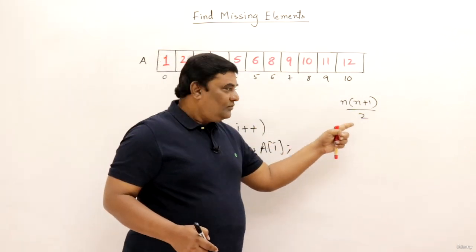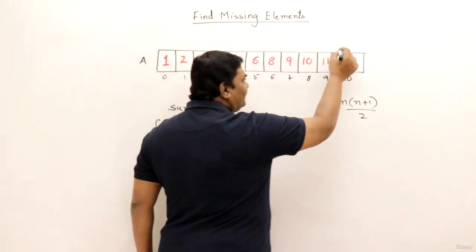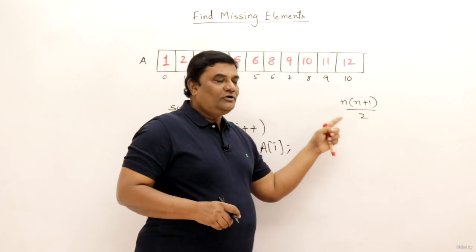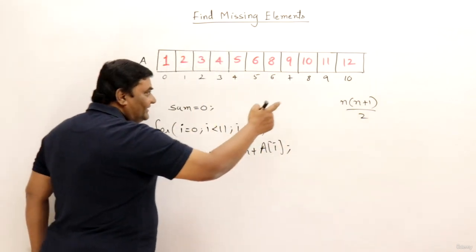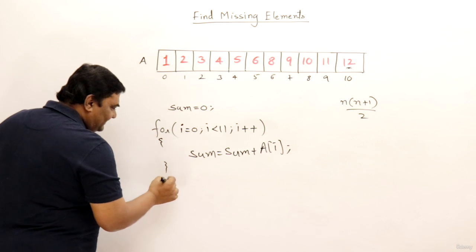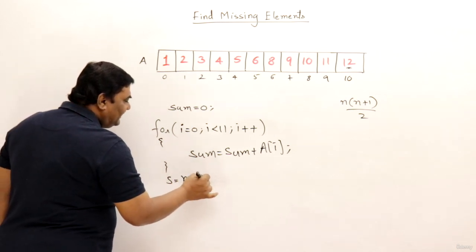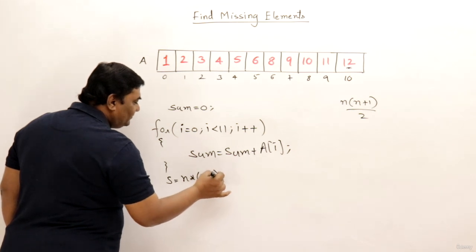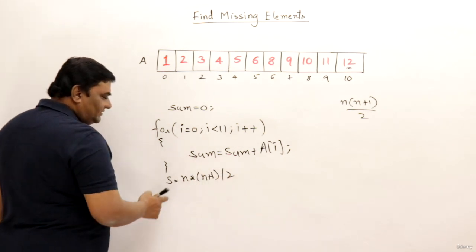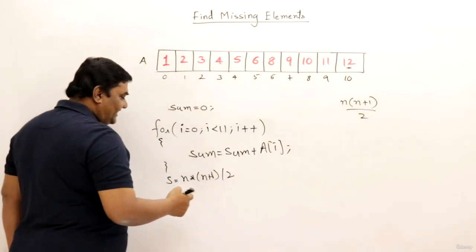Then I know the formula. Using the formula, if I know the last number, that is 12, I can calculate that. So let us say this is n. I can find s as n into n plus 1 by 2. This will give me s, that is the sum of first 12 natural numbers.